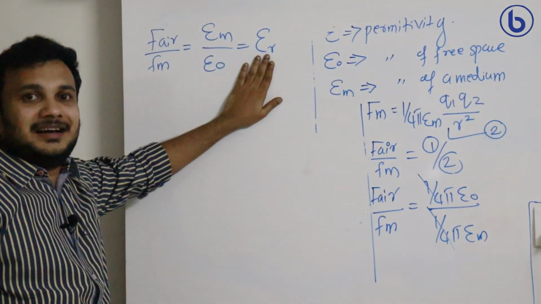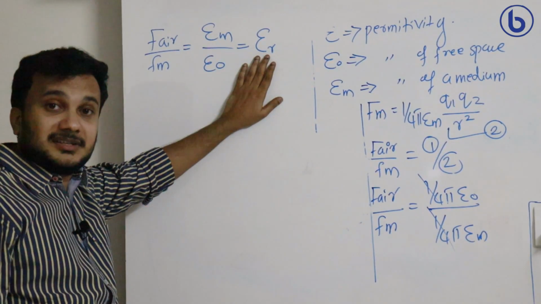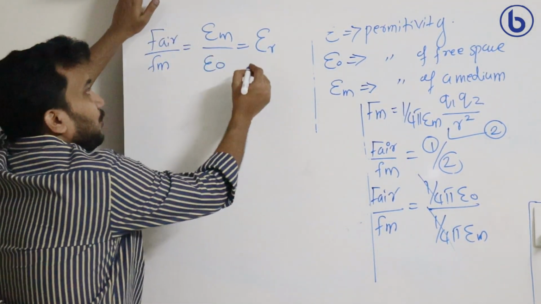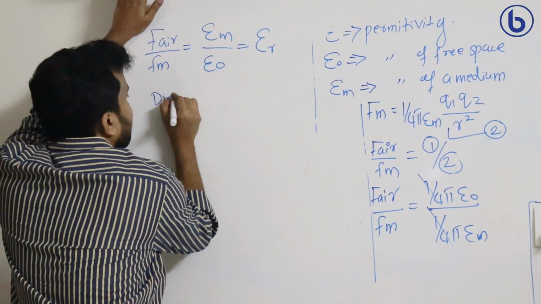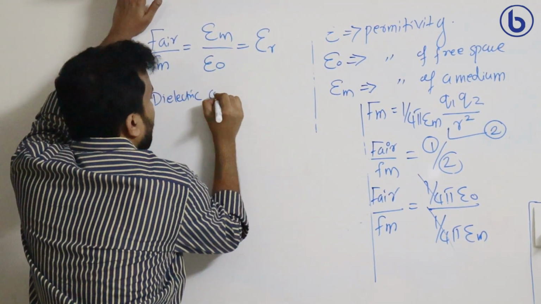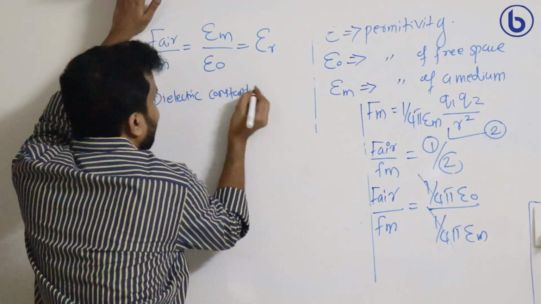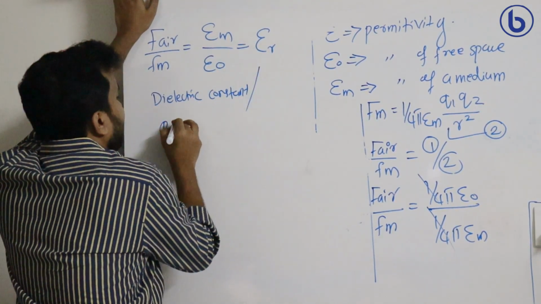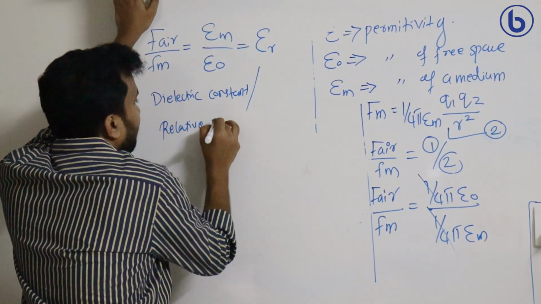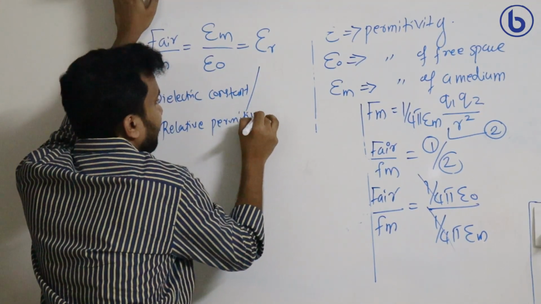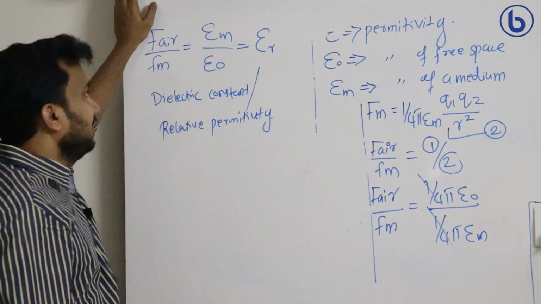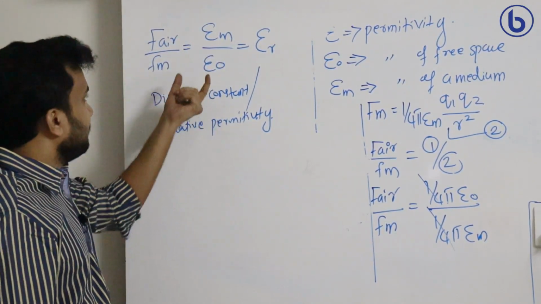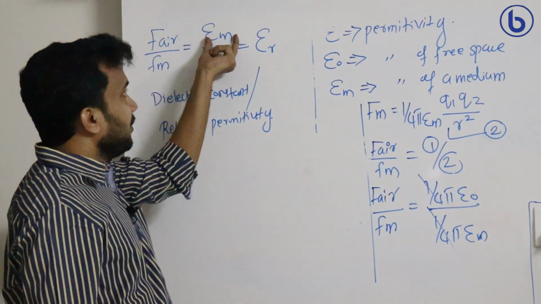This is called dielectric constant, or we call it relative permittivity. We'll learn dielectric constant more later. So the more appropriate name, easy to remember, is relative permittivity, because this is permittivity of free space, and this is permittivity of a medium.